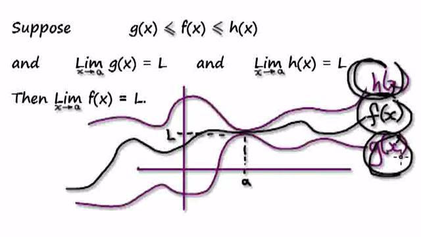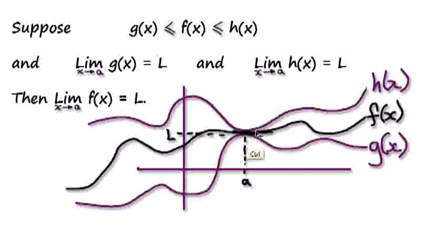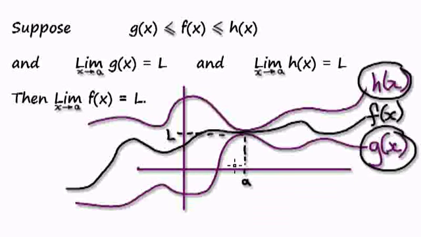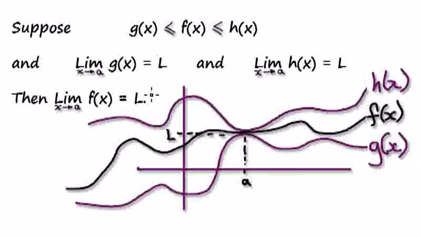Now, if the limit of these two functions is dead on capital L, then we know that our function must travel through this tunnel here. It's being squeezed. So in short, if the limit of this function here is capital L and the limit of this function here is capital L, then at a our limit for our function is also capital L. That's what the squeeze theorem is saying.